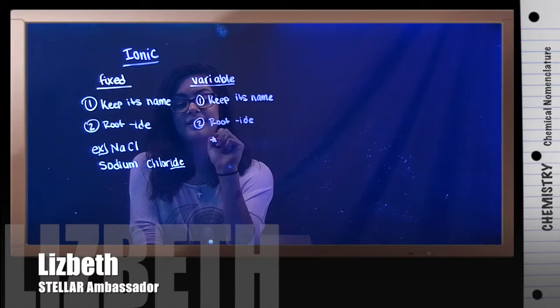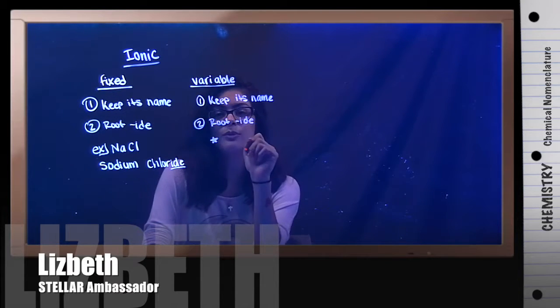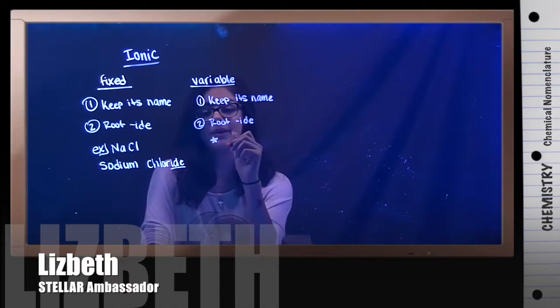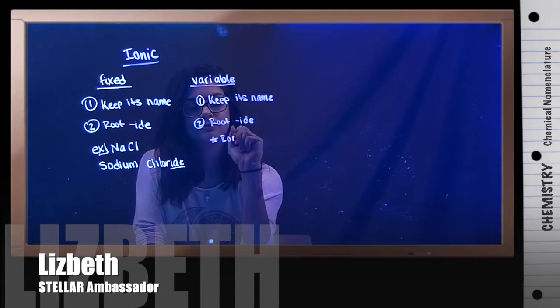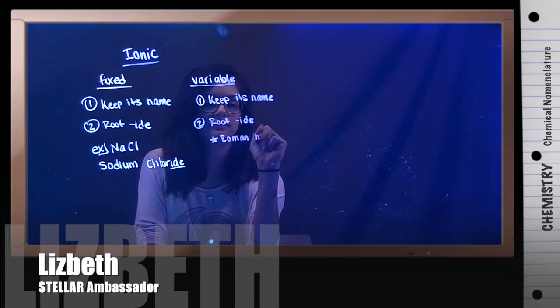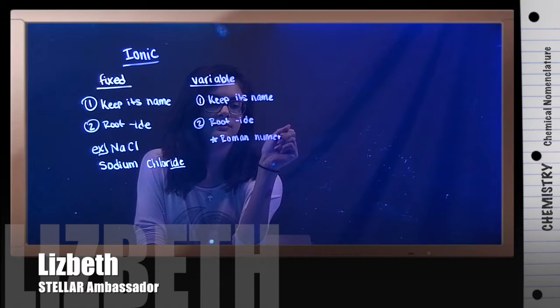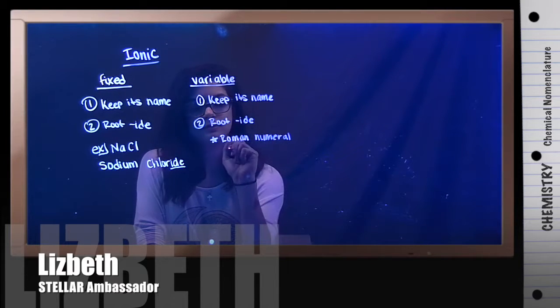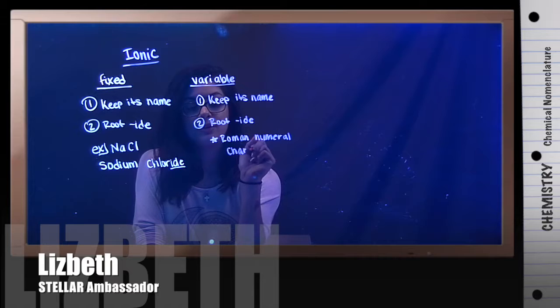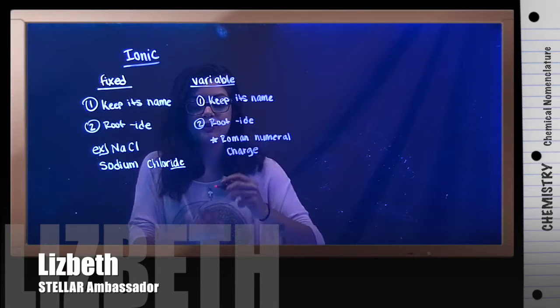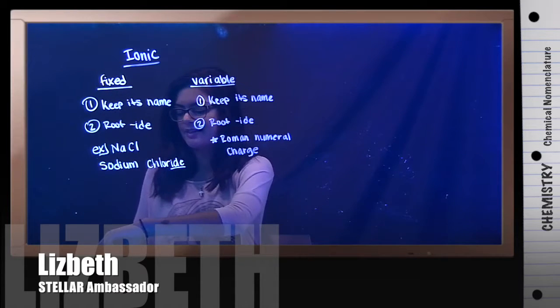The only difference is that here we're going to use a Roman numeral to indicate the charge of our metal. So this is the part that gets a little tricky. So let's do an example.